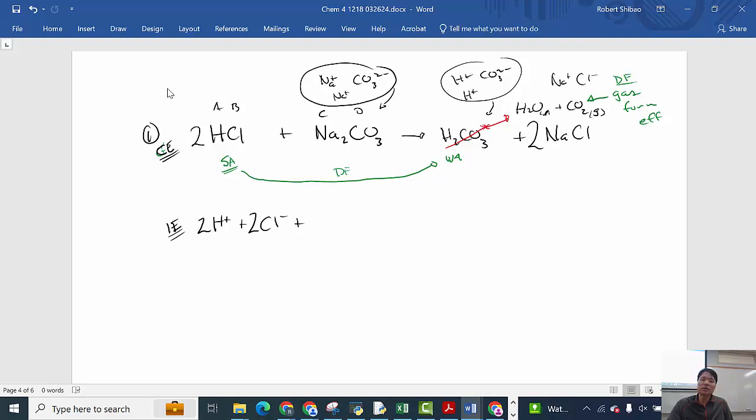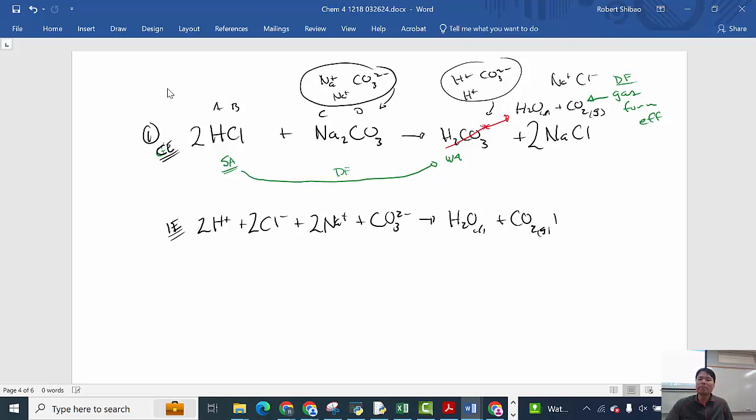All sodium salts are soluble, so what is it going to break up into? 2 sodiums and 1 carbonate. H2O: strong acid? No. Strong base? No. Soluble salt? No. So if it's none of those, we'll just leave it alone. CO2 is none of those, so we leave it alone.